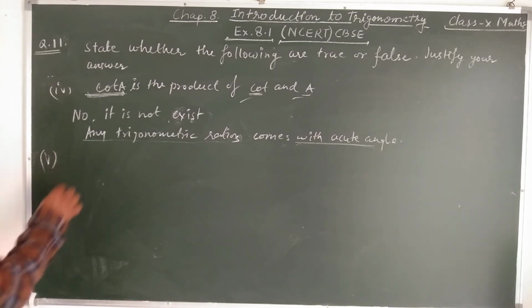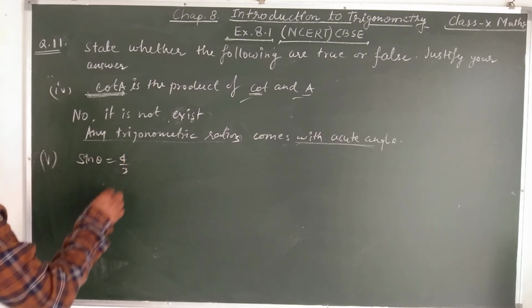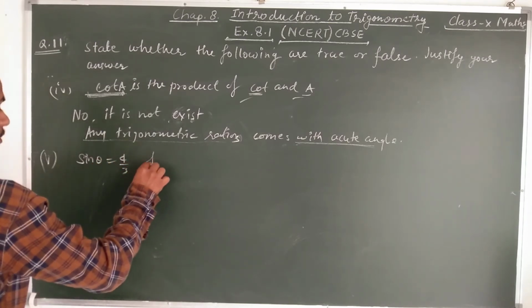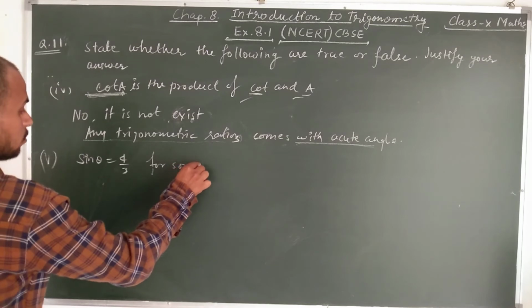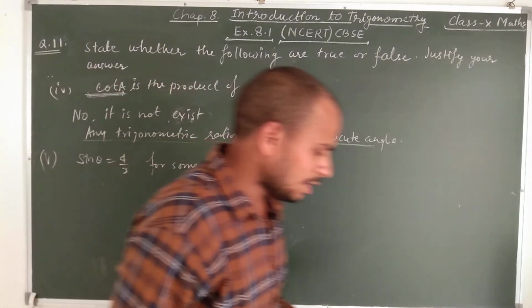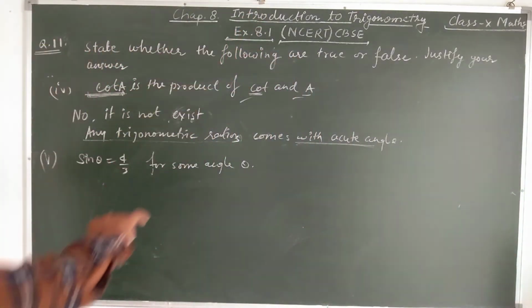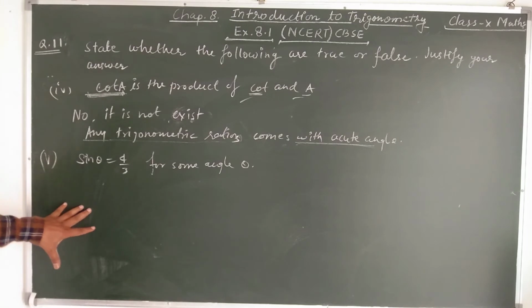Next question, sin theta equals 4/3 for some angle theta. This is the last part of question number 10, and this exercise completes here.